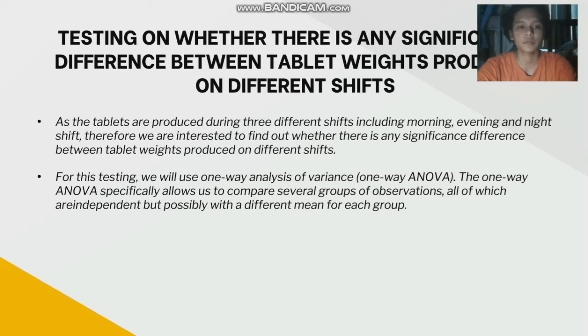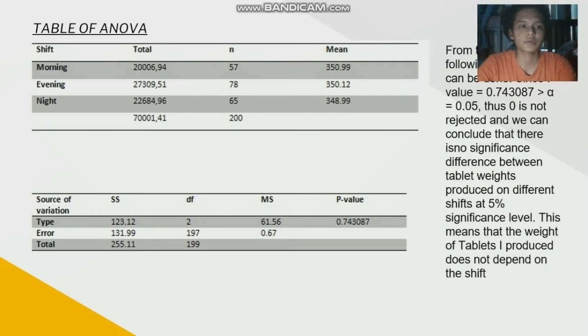For this testing, we will use one-way analysis of variance, which is one-way ANOVA. The one-way ANOVA specifically allows us to compare several groups of observations, all of which are independent but possibly with a different mean for each group. So next, we go to the table of ANOVA.